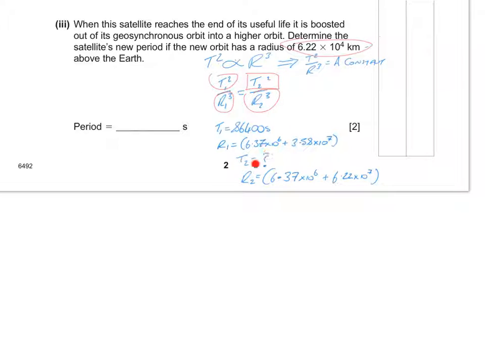So T2 is the one we're trying to find, and R2 is just again the radius of the Earth added to the meters version of this number. 6.22 times 10 to the 4 becomes 6.22 times 10 to the 7 when we write it in meters. So you've got this ratio and you solve it now for T2 because you know all the numbers in it except T2. And when you do that, you get T2.